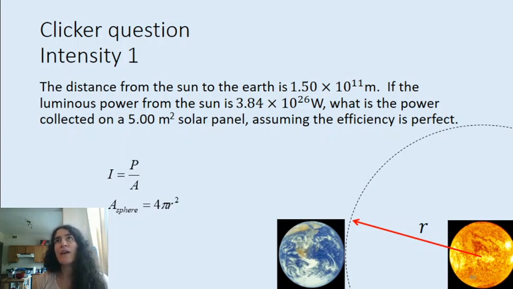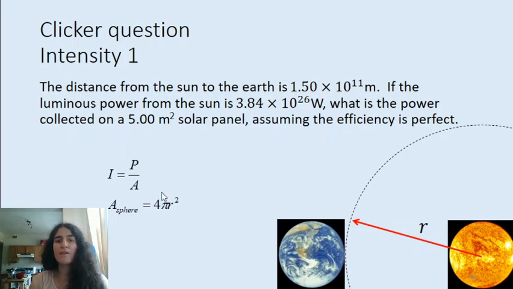But we also know that the intensity of light that reaches planet Earth basically needs to be uniformly distributed all the way around the sun at a distance that is the same distance as between the sun and the Earth, right? So that's why I have this kind of imaginary sphere drawn around the sun that is a distance r away, right? So I could use that fact to calculate the intensity of light on planet Earth, right?